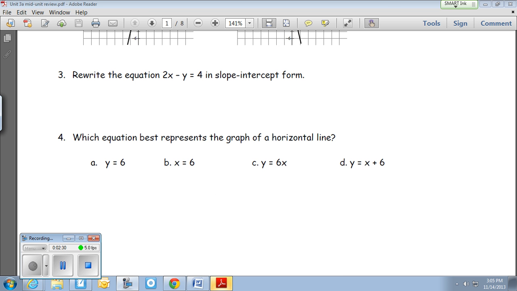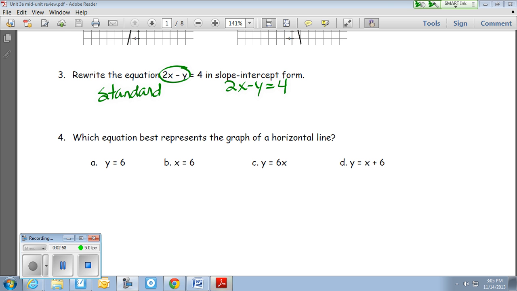All right, number 3, rewrite the equation 2x minus y equals 4 in slope-intercept form. So right now, I know it's in standard form because all my x's and y's are on one side. And I'm going to rewrite it into slope-intercept form. When I want to put it in slope-intercept, I'm really isolating the y.